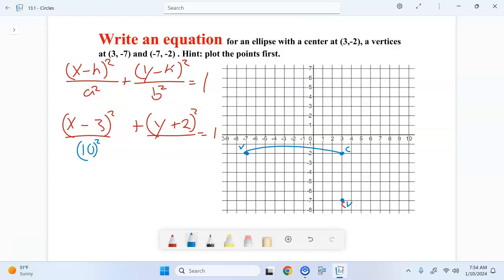What about B? 5. Co-vertice to center. We get 5 squared. 100 and 25. And there's our equation. Not so bad.